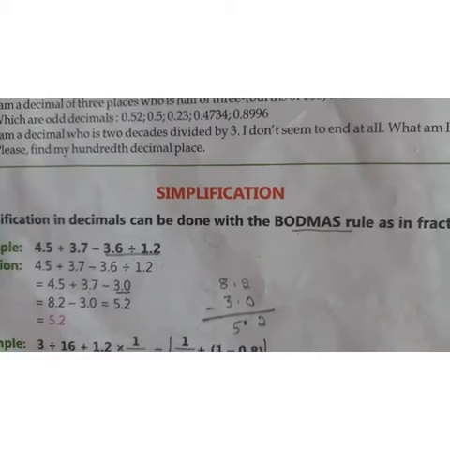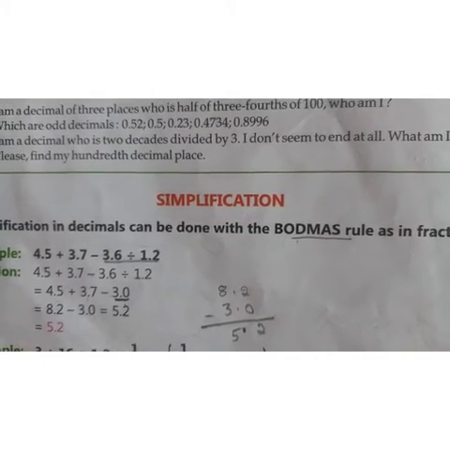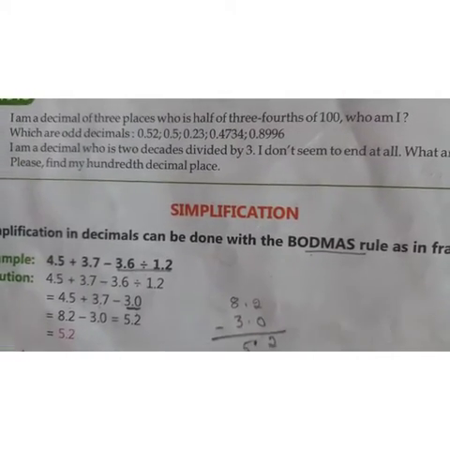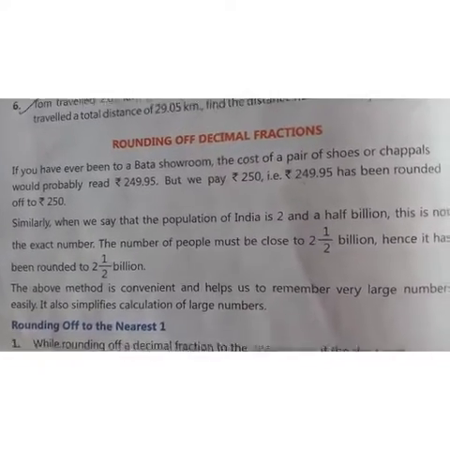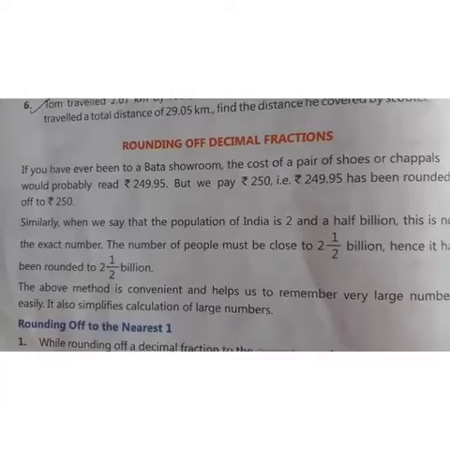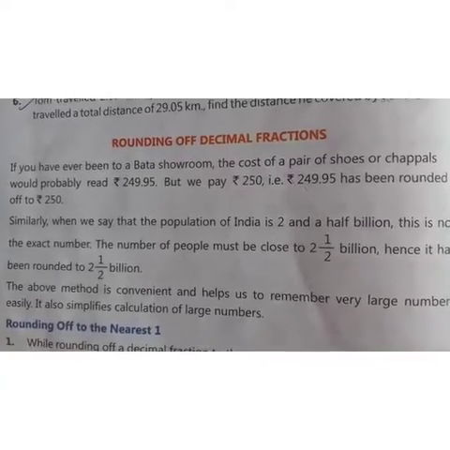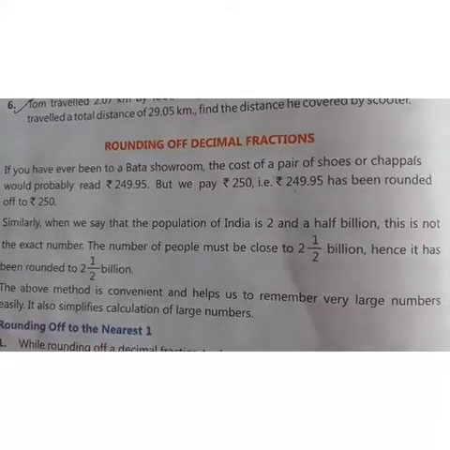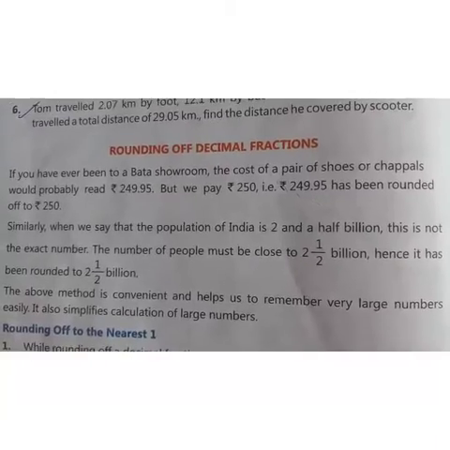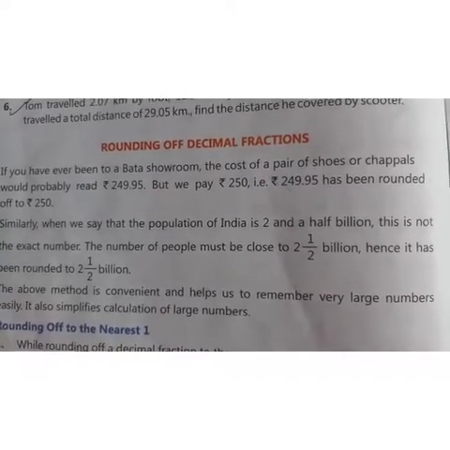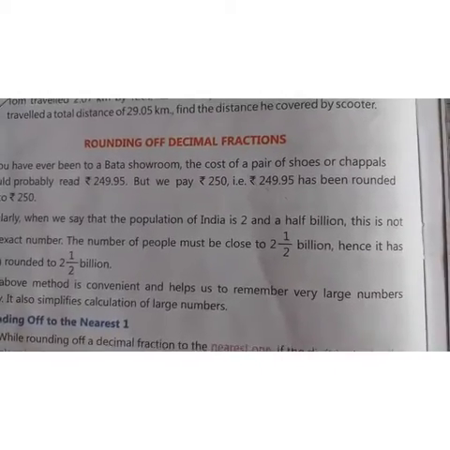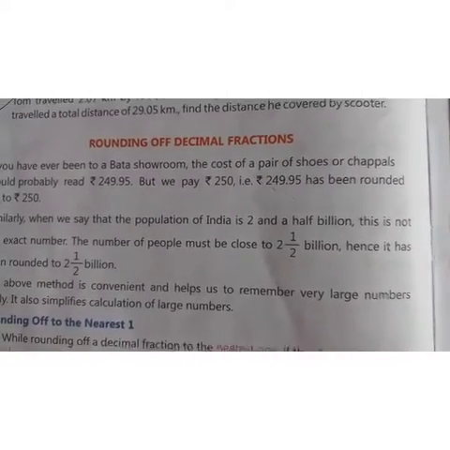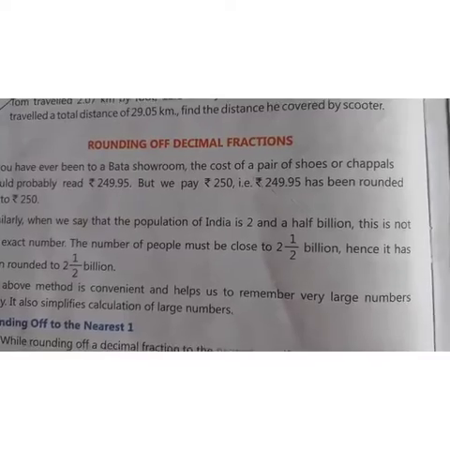Now let us move to rounding of the given decimals. Students, you already know rounding of numbers, isn't it? Whenever you go to any grocery shop and purchase goods, when you see the price tag, you may see it as 199.0, 199.9, 249.9, isn't it?